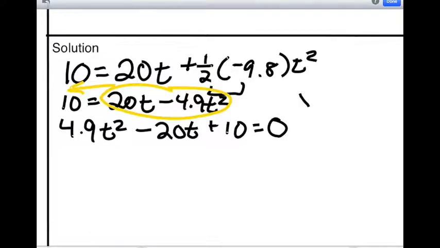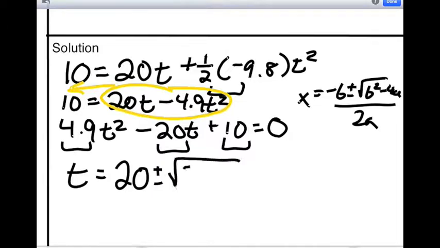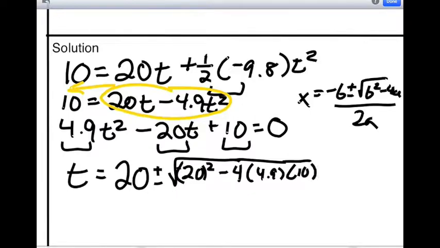Remember the quadratic formula is x equals negative b plus or minus the square root of b squared minus 4ac, divided by 2a. If you look right here, this is our a term, our b term, and our c term. So now we can say t, because we're looking for t, is equal to negative b, this is my b term, so it's going to be a positive 20, plus or minus the square root of b squared, negative 20 squared, minus 4ac, divided by 2a.